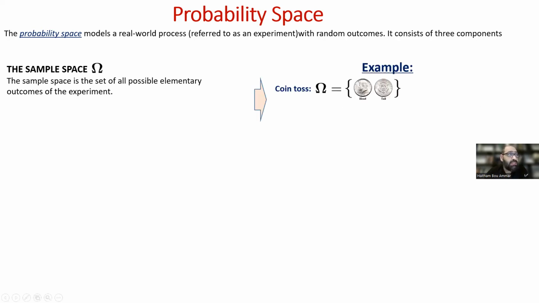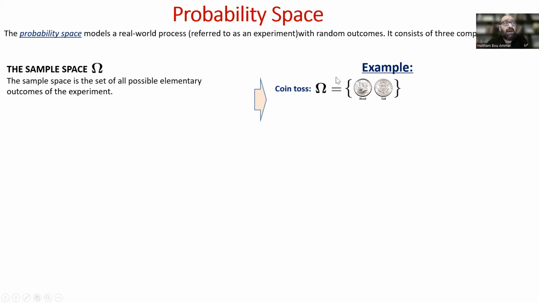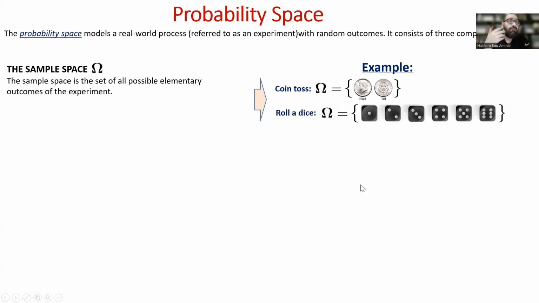So if we toss a coin one time, we get either a head or a tail. Or if you roll a dice one time, you can get the face with number 1, or the face with number 2, 3, 4, 5, or 6. So the sample space is really just a way to collect all the possible outcomes from the experiment that I am executing.